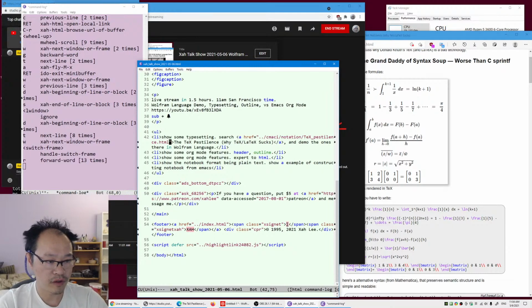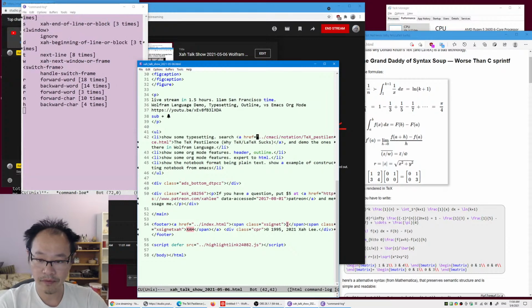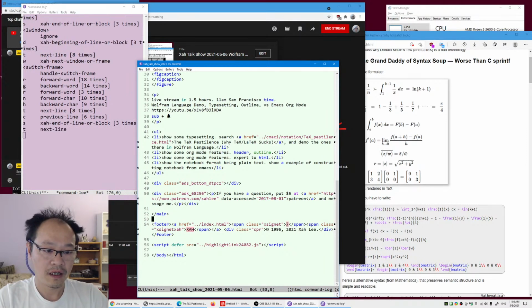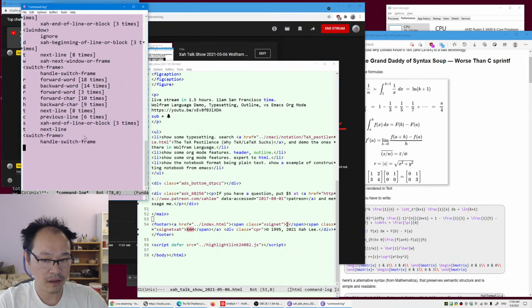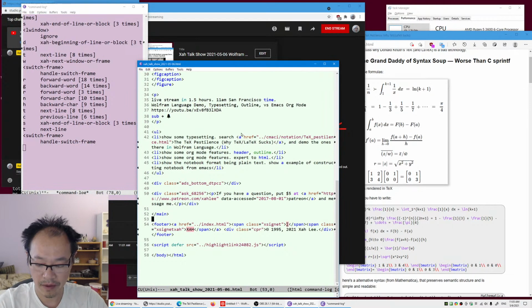For example, move cursor right, backward by word, or move by character, move down, move up. Any command, any key I type in Emacs, it will show the corresponding command on the pink window and the corresponding key. I'm using Kasal keys, and I'm using the Wolfram keyboard.